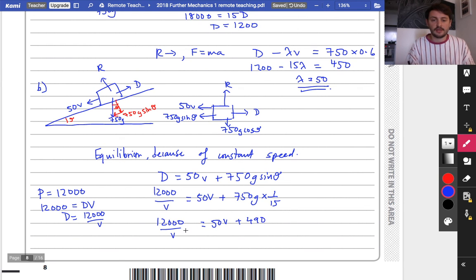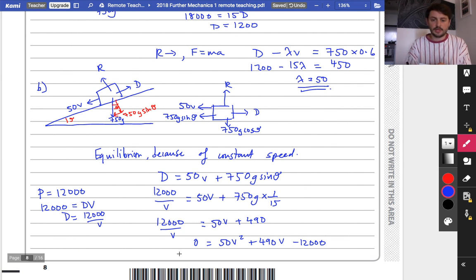This is a quadratic if you multiply through by v. I'm going to put it all on one side. So that's 50v squared plus 490v minus 12,000. I'm just going to use my equation solver for this because it just makes sense. So that is going to be 50, 490 and minus 12,000.